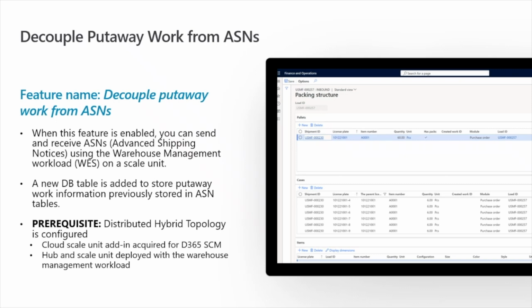Okay, and then from there, you can enable this feature, decouple put away work from ASNs, if you want to use the other new feature for our workload, which is being able to send those outbound 856s. So it's in the background, but important if you are using this architecture.